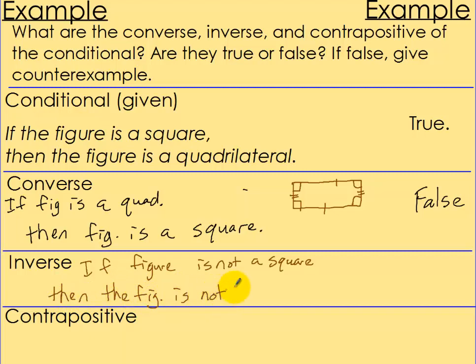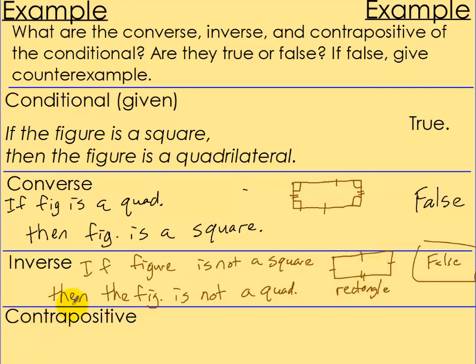So if a figure is not a square, then it is not a quadrilateral. Well, no, that has got to be false, because we can, again, make that rectangle here. It's the same thing. This is not a square, check. But it is a quadrilateral because there are 4 sides, 1, 2, 3, 4. So there's your counterexample. It's a rectangle.